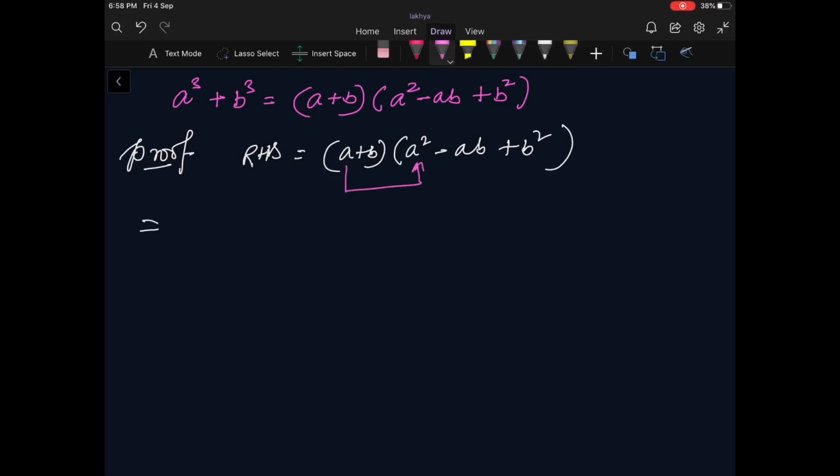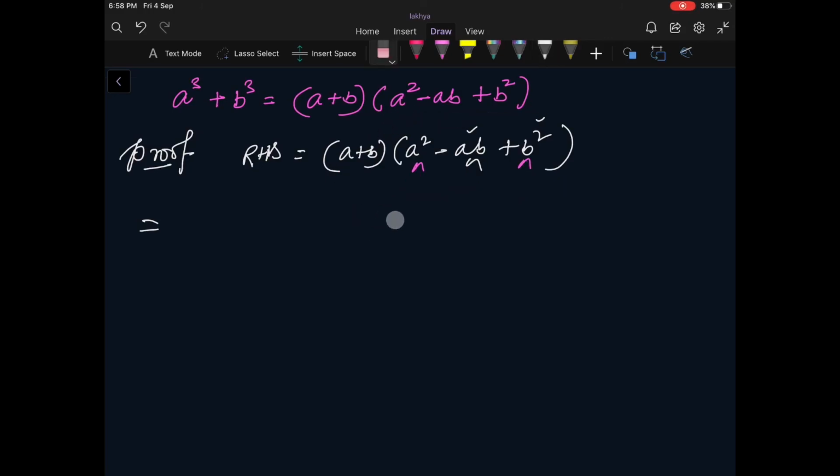You multiply a with the first term, then a with the second term, then a with the last term. Then the same thing should be done with the second term of the first polynomial: b with a square, then b with the second term, then b with the last term. That's how we can multiply.